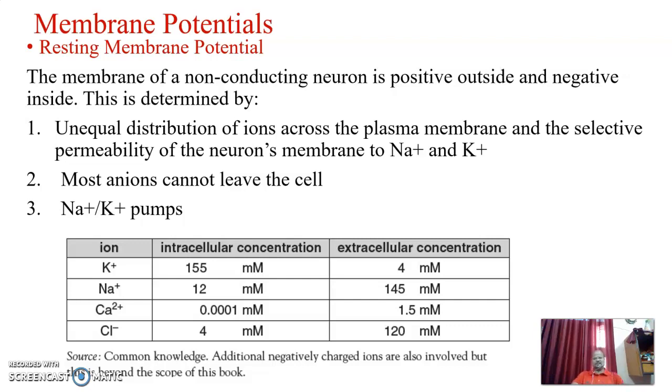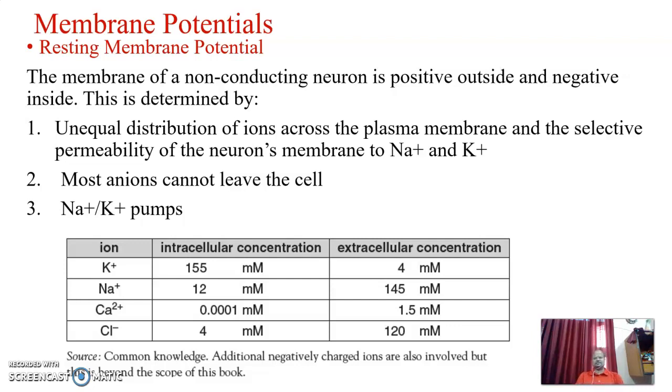There is a negative charge inside the cytosolic region of a neuron, which varies from minus 40 to minus 70 millivolts, or minus 90 millivolts, with the average potential of a cell being about minus 70. When cells exhibit this membrane potential, they are said to be polarized.